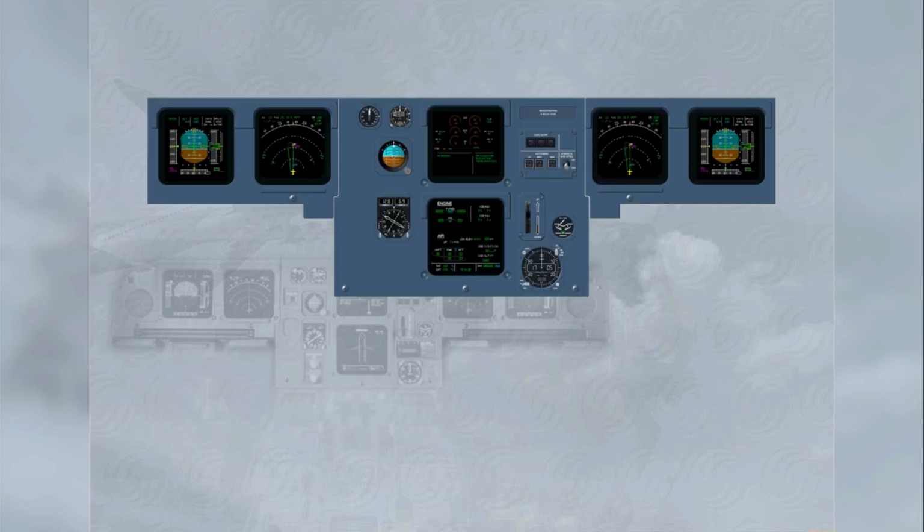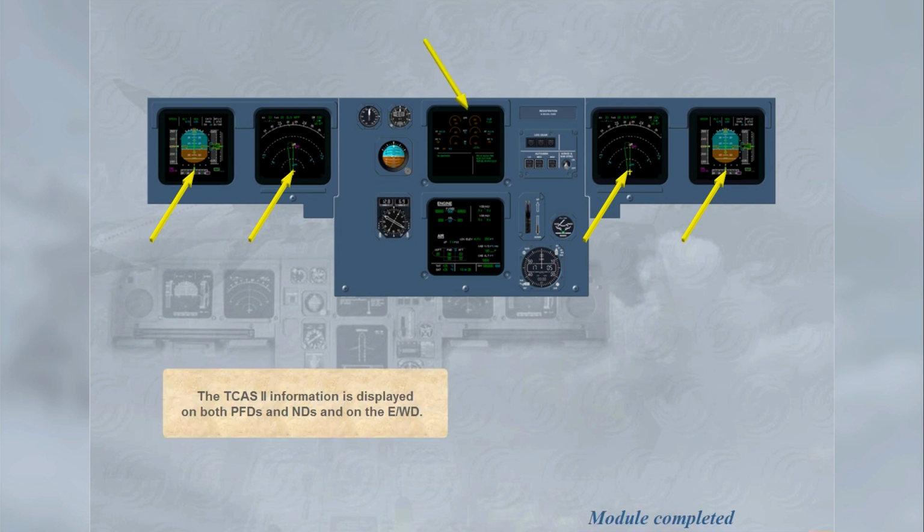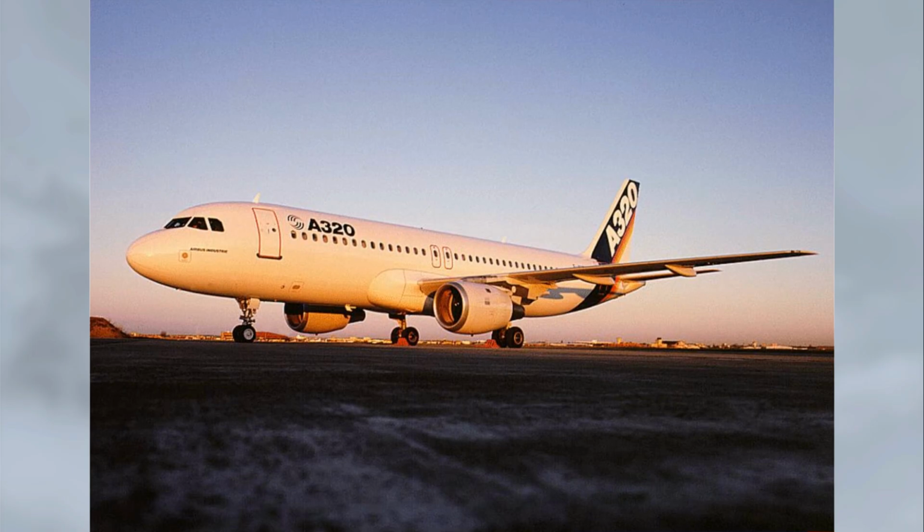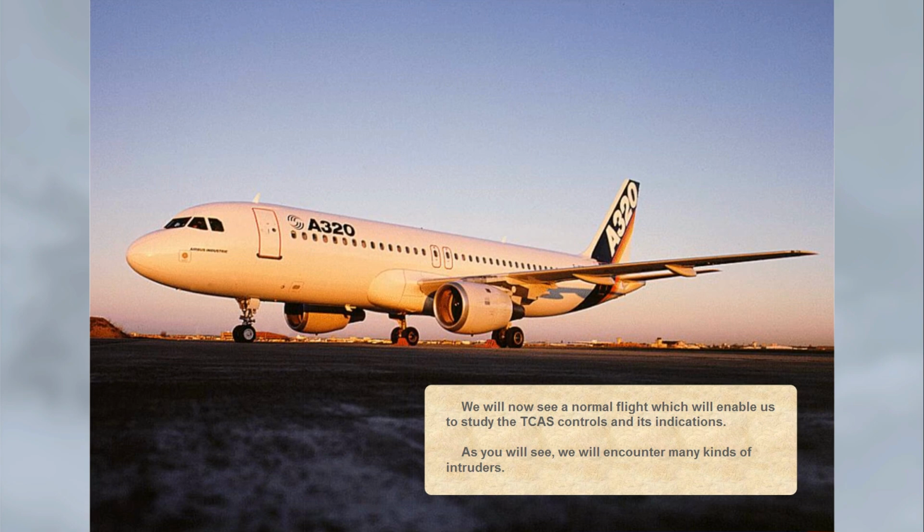The TCAS 2 information is displayed on both PFDs and NDs and on the engine warning display. We will now see a normal flight, which will enable us to study the TCAS controls and its indications. As you will see, we will encounter many kinds of intruder.